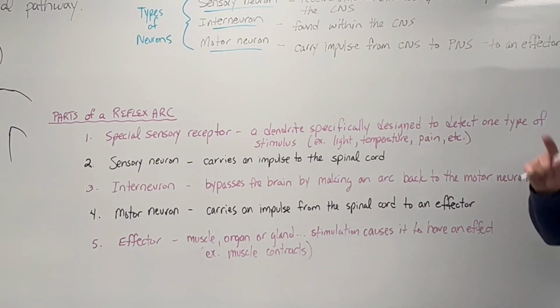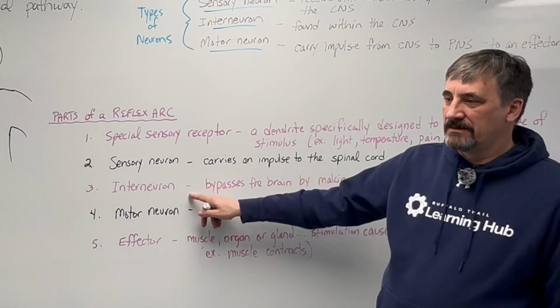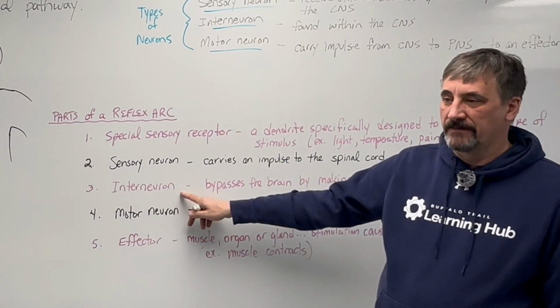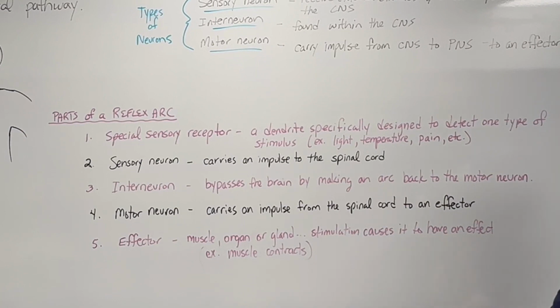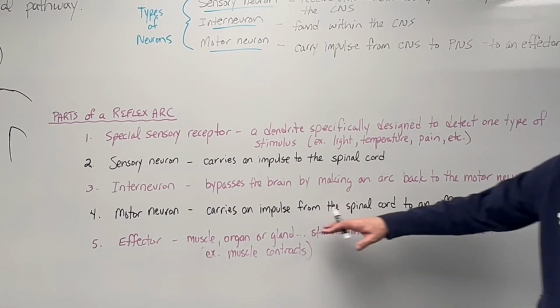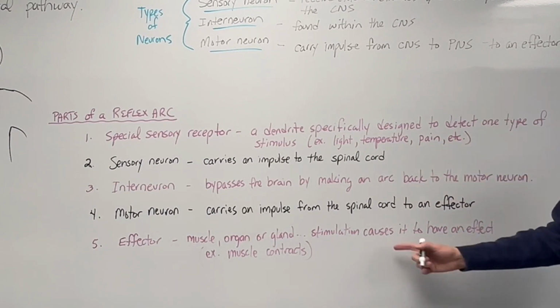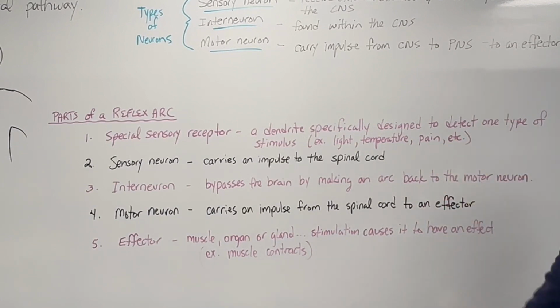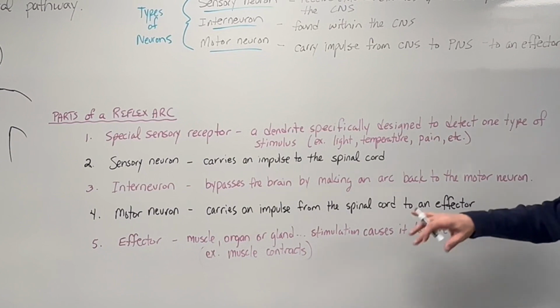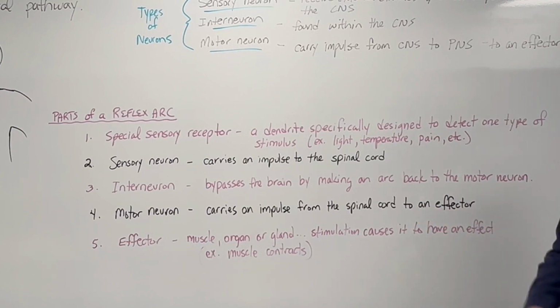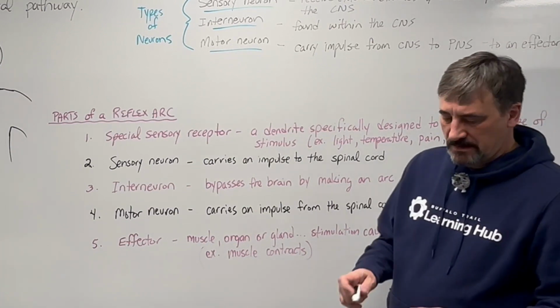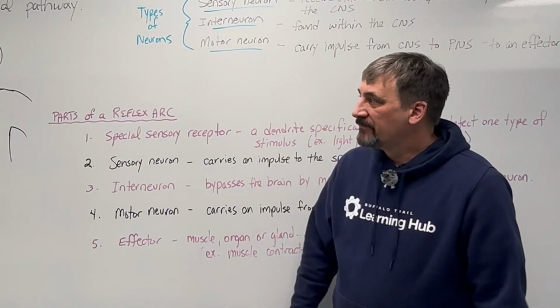The interneuron is going to bypass the brain by making a quick arc back to the motor neuron. Not all interneurons do that, just the one in the reflex arc. The motor neuron is the neuron that's going to carry that impulse back out to the effector, and the effector is, in this case, a muscle, which causes it to have an effect. So the muscle contracts. And that's the reflex arc.